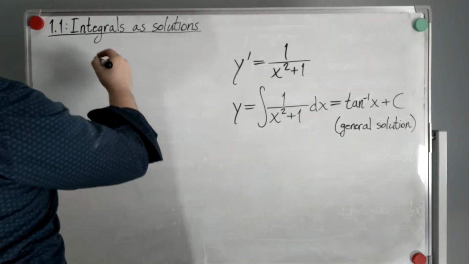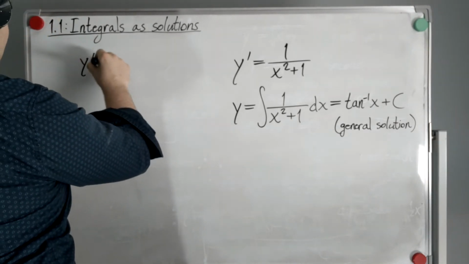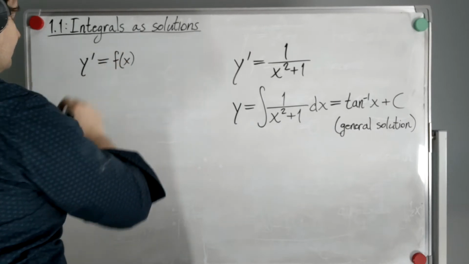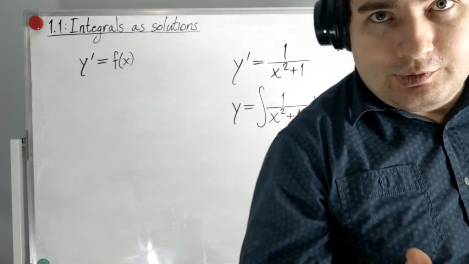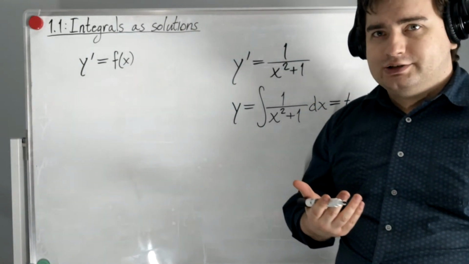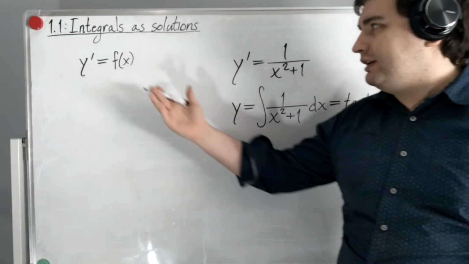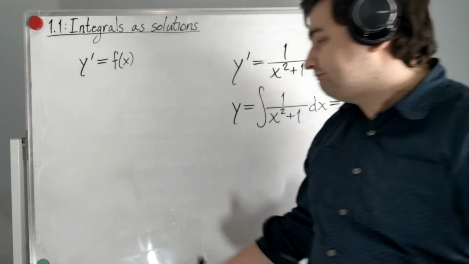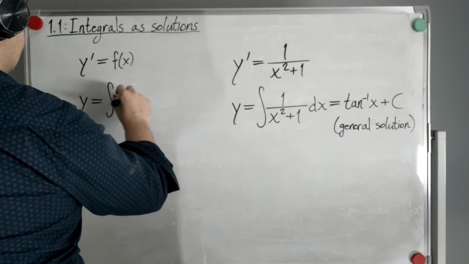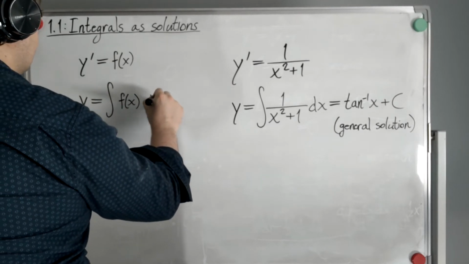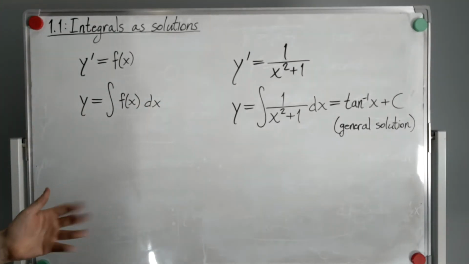So when you have y prime equals f of x, this always works. You always just find the general solution by taking the indefinite integral of f of x. And that's it.